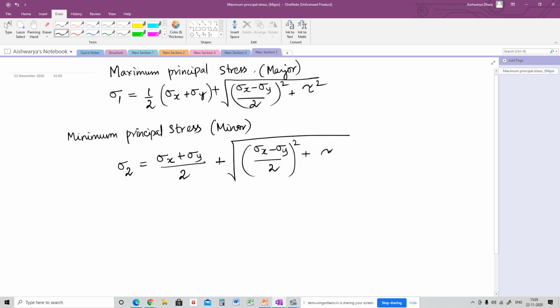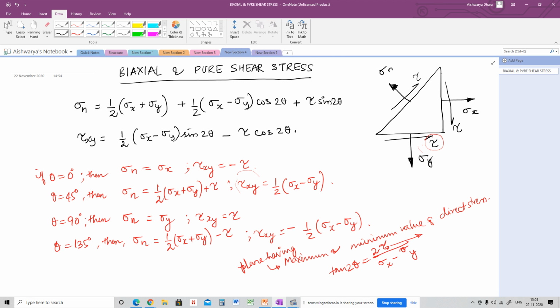Tau square. Do not get confused between tau and tau x. These are the values which are acting on the body. If you are considering tau xy acting on the body, then you can take it. Tau is acting on the body, and tau x and sigma n are the resultant components that we are finding out, based on the stresses acting on a body.